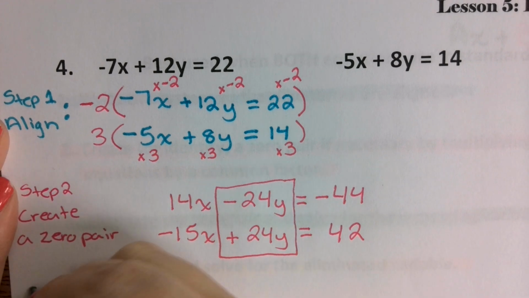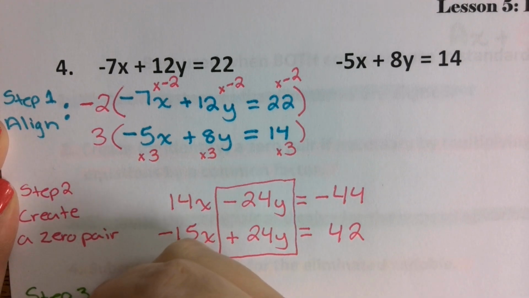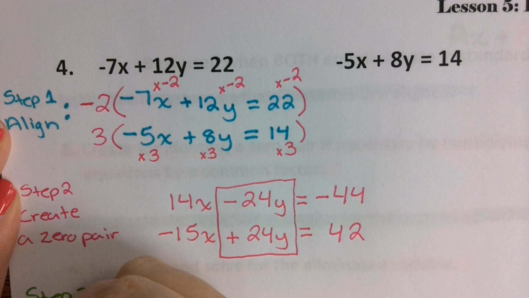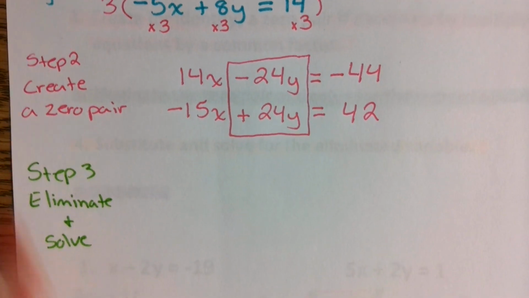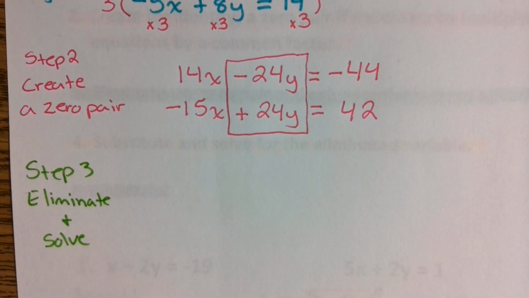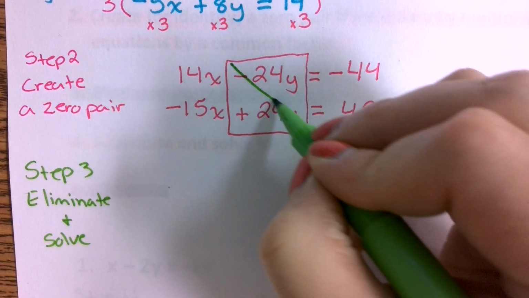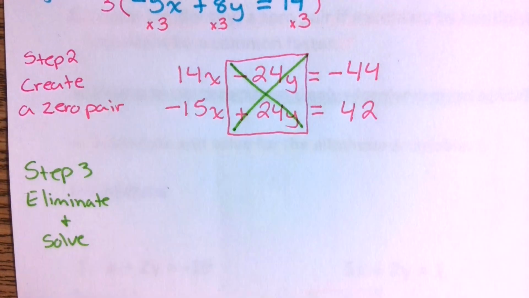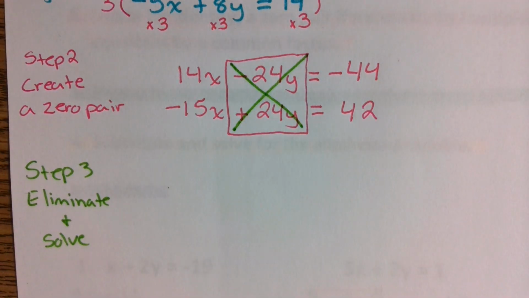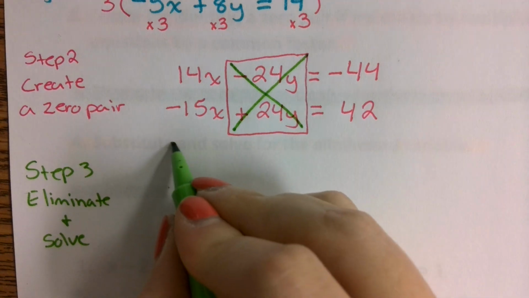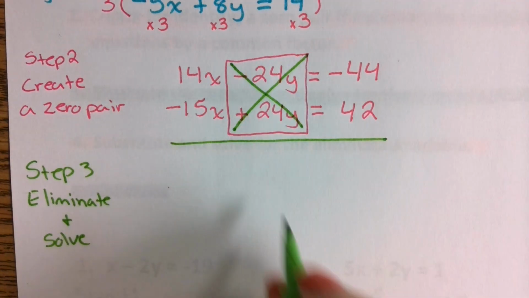Step 3 is the same as always. Step 3 is to eliminate and solve. So we're going to eliminate the 24y's and the negative 24y's. And then I'm going to combine my terms.